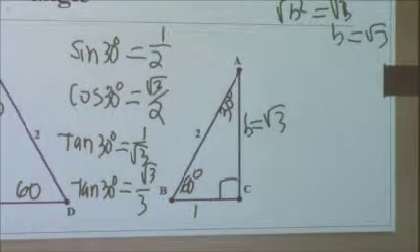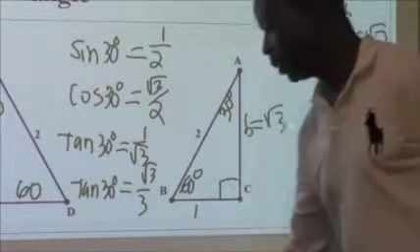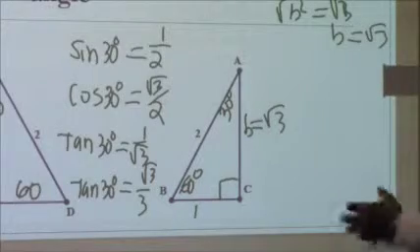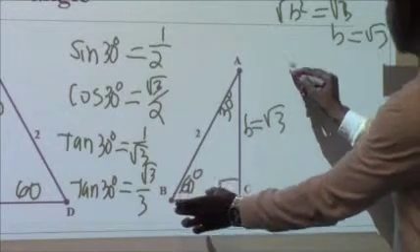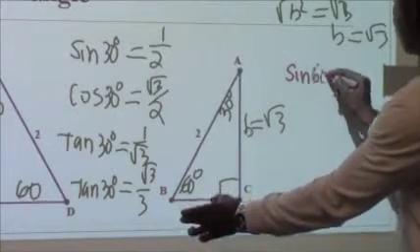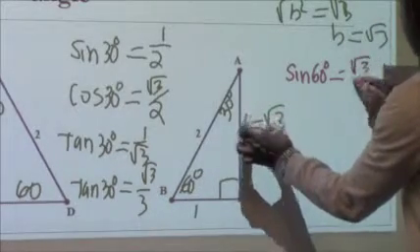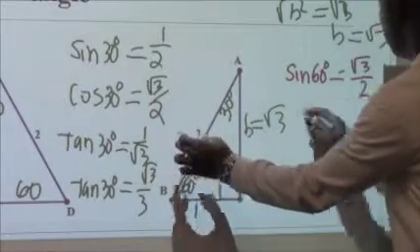Now let's try to find the similar relationship for the 60-degree angle. Sine of 60 degrees is equal to opposite, which in this case is square root of 3, over hypotenuse, which is 2.